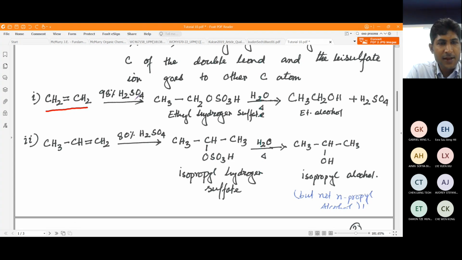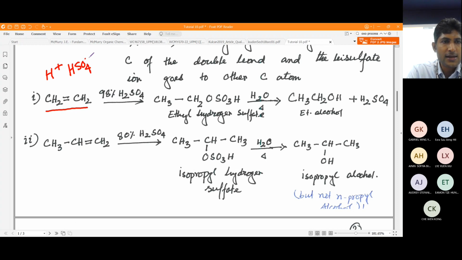So if we add sulfuric acid, of course it will be very strong sulfuric acid, more than 80%, and then ethyl hydrogen sulfate will be produced. One hydrogen goes to one carbon, and the rest goes to the other, because sulfuric acid is dissociated or ionized in this form: one is hydrogen and another one is HSO4.